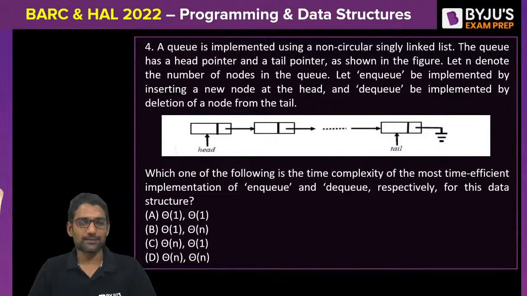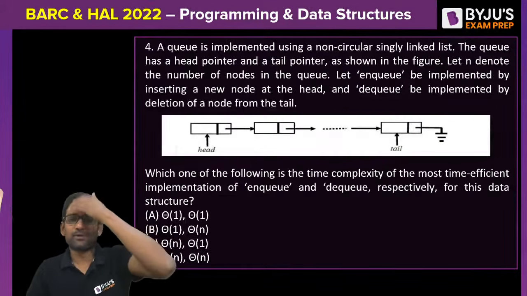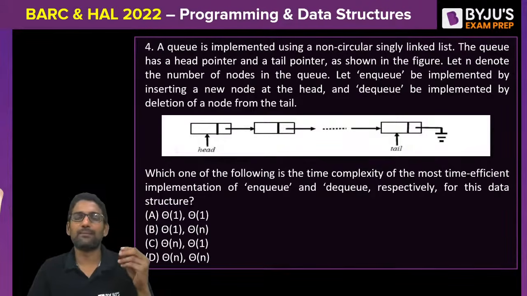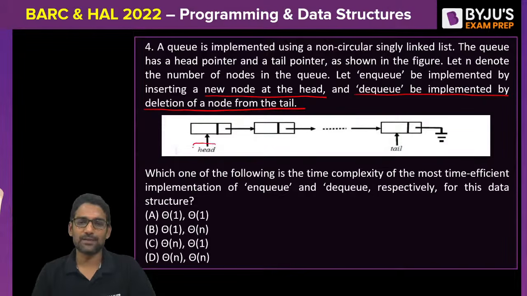So what is the answer for this? Let n denote number of nodes. NQ is implemented by inserting a new node at the head, and DQ is implemented by deletion of a node from the tail. So insertion happens from head and deletion happens from tail.